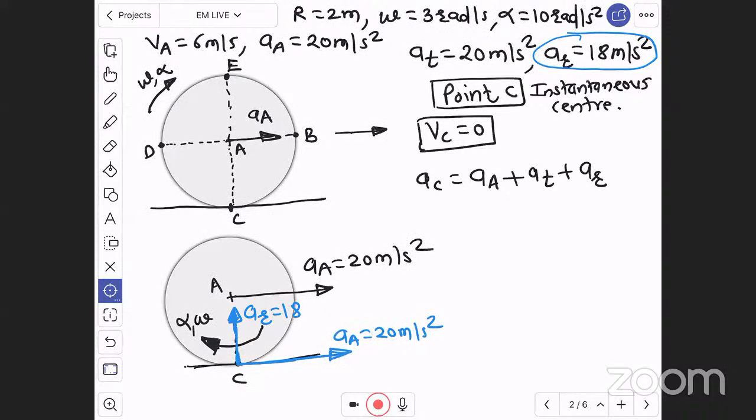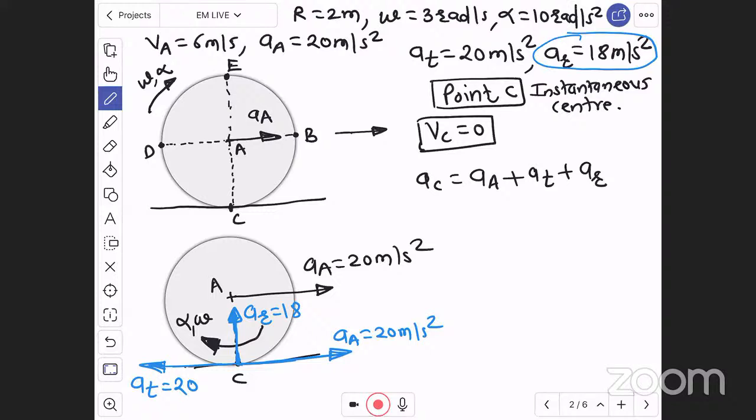तो देखो point C, tangential is nothing but perpendicular to radius. Can you imagine, point C with respect to A is going in backward direction because of clockwise rotation. Therefore, perpendicular to radius, there will be a tangential acceleration AT going towards left, which is 20 meter per second square.